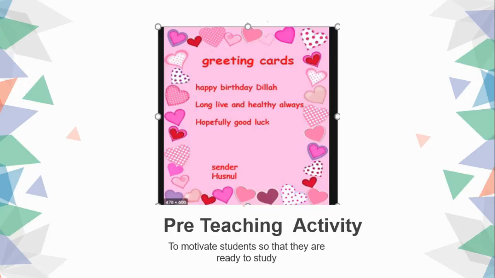It means that in this activity, the teacher will provide some material that gives brainstorming to our students so that they are ready to study. In a pre-teaching activity, we can use a picture or a video that is related to our topic. Here, I use a picture to motivate our students.